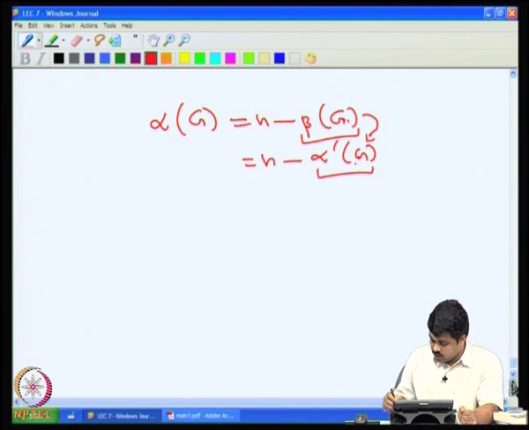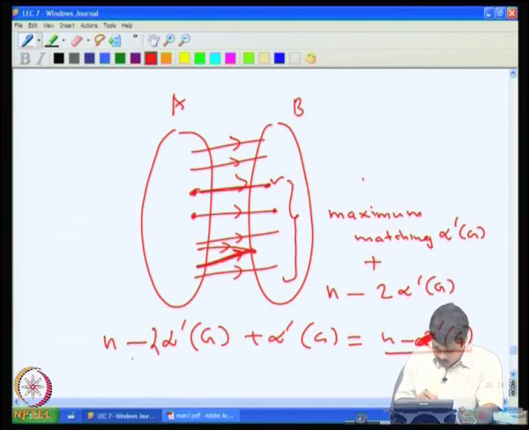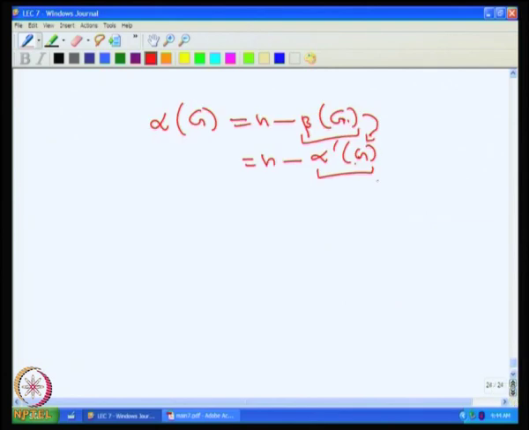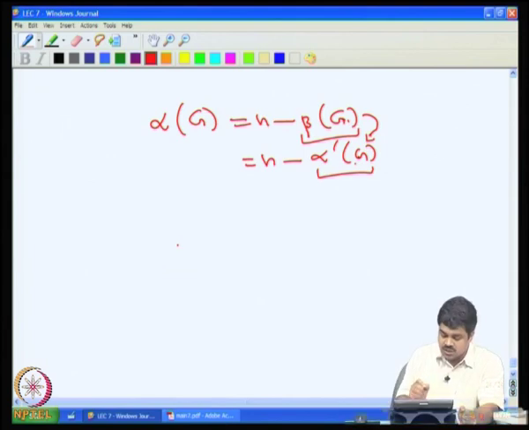And as I have seen earlier, this quantity is exactly the cardinality of the path cover. Therefore, in the bipartite case, it just touches the upper bound we are looking for. That means it is equal to alpha of g when we orient all the edges from A side to B side.